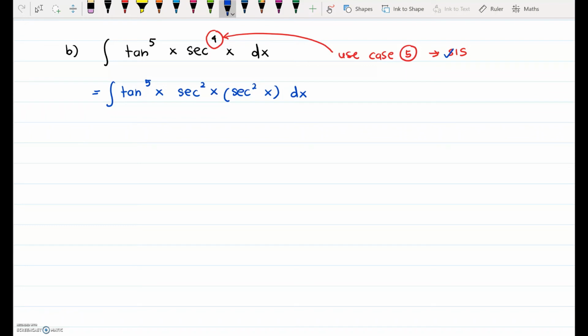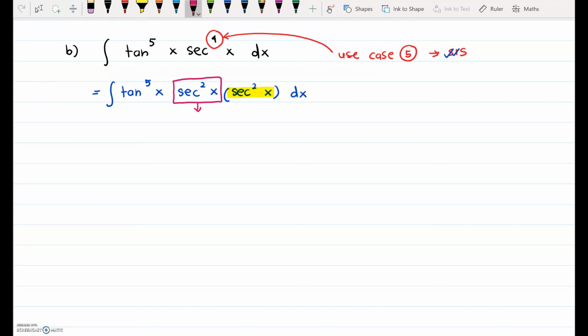Next we use the identity for secant square. We have two secant square x terms, but remember you cannot modify the term that you split in the first step. So the term we need to modify with the identity is this other secant square.